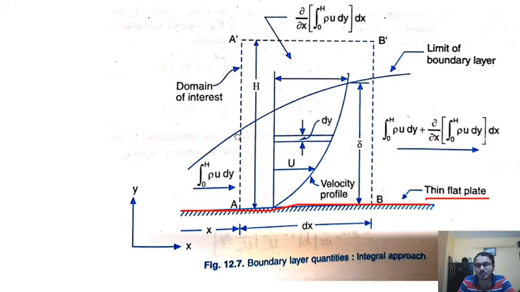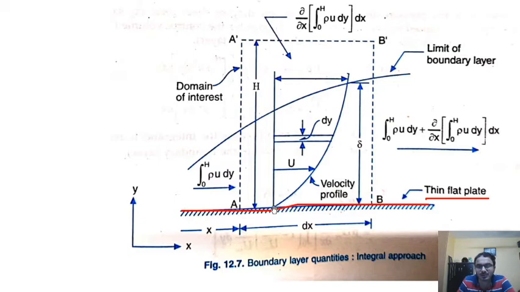Now you should be able to observe that this is our thin flat plate, and this curve is actually the limit of the boundary layer. This curve which you are observing is a velocity profile.